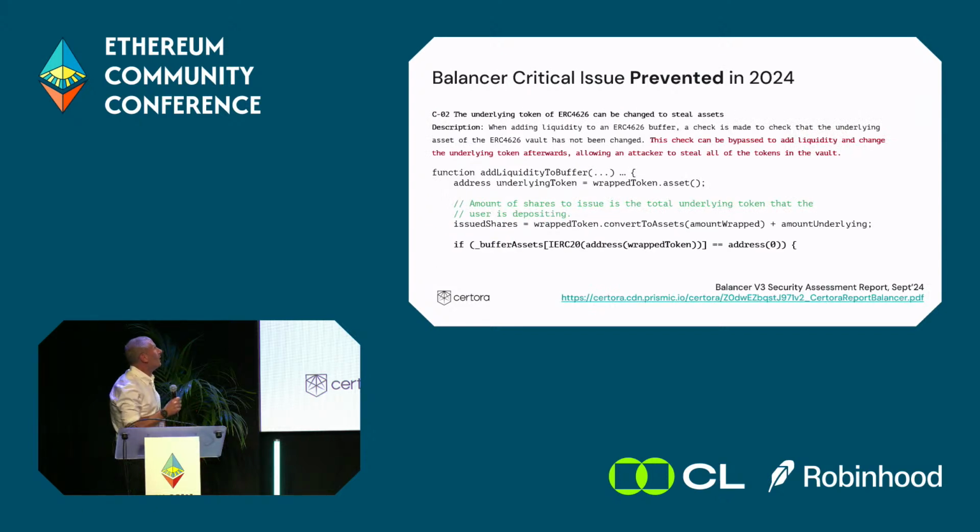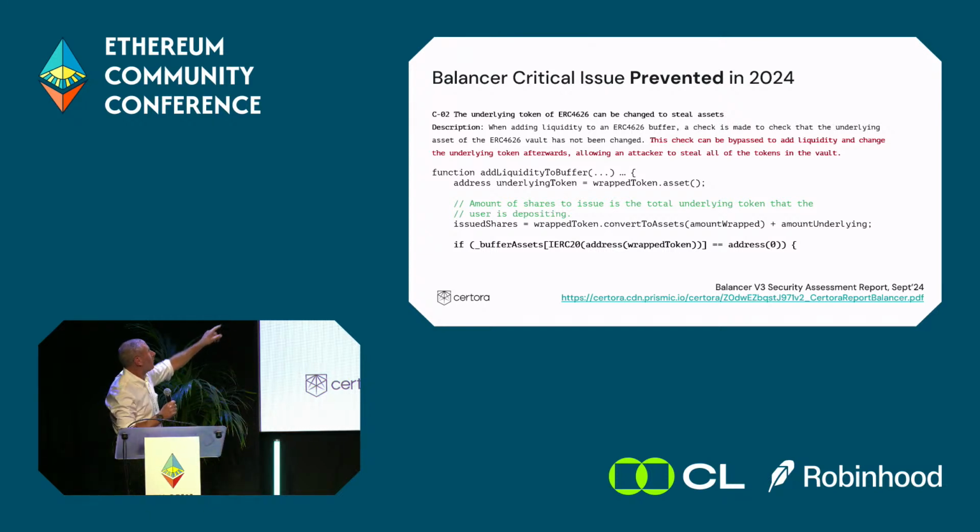Let's look into a more interesting example. We work with clients before they deploy the code. This is a client we have been working with, I think, for 4 years, Balancer. I'm sure everybody knows them. We work with them together with other auditors, and we are proud of preventing the most interesting bugs. Here is a very interesting critical bug which we prevented, without AI, with our humans, of course.